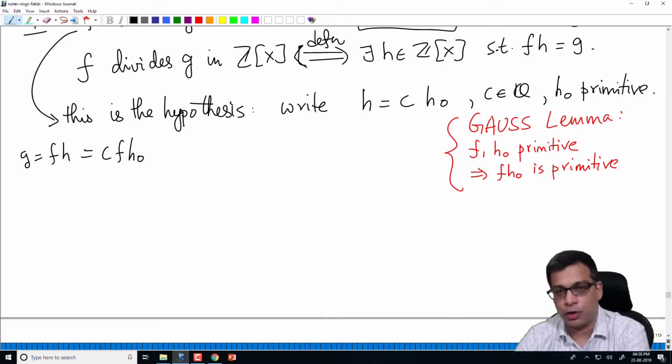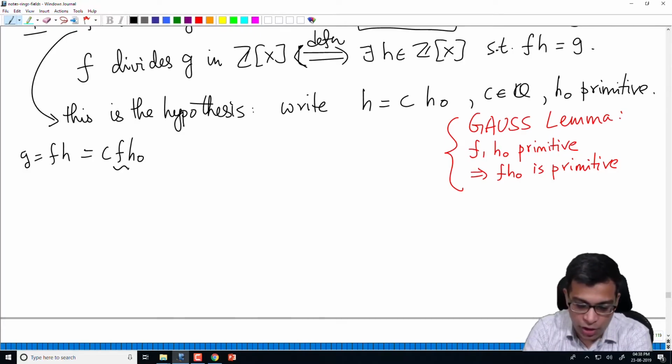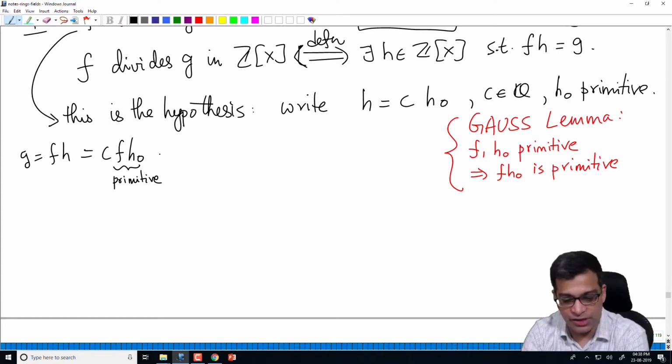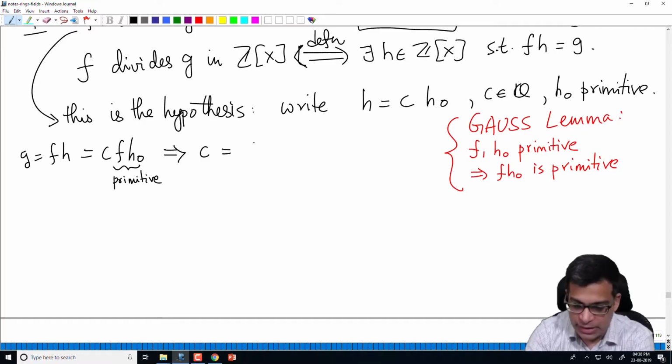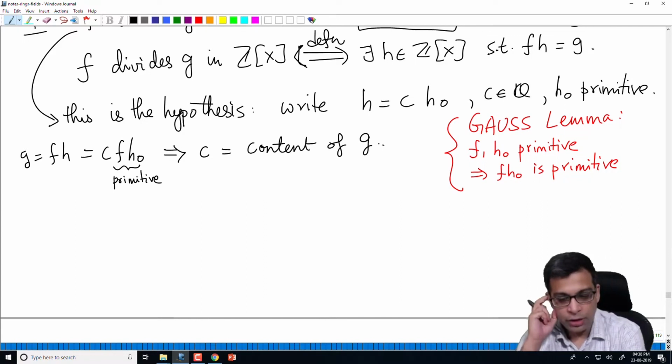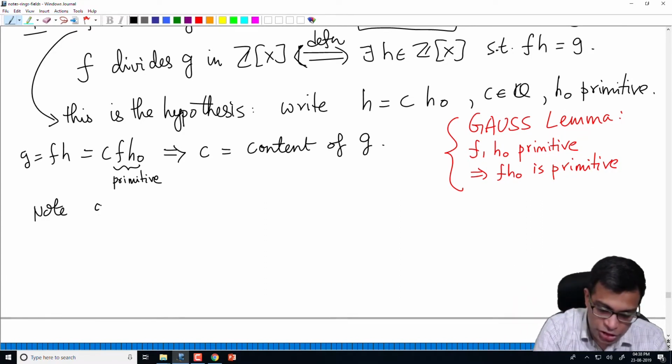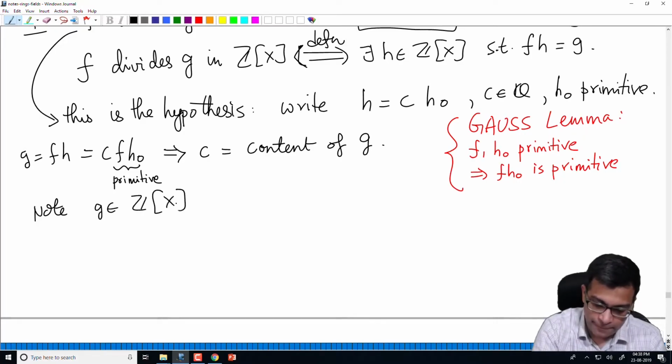So in other words, f h0 is primitive because h0 is primitive by construction, and f is primitive by hypothesis. So g equal to c f h0 must be the unique expression of g as a rational number times a primitive polynomial. That means c is the content of g.